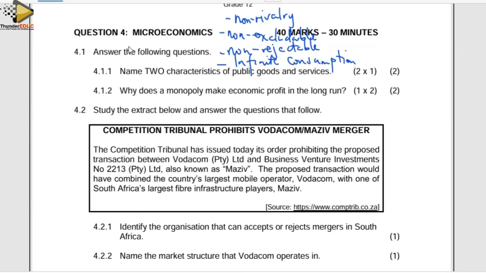Now let's look at question number 4.1.2. Why does a monopoly make economic profit in the long run? We understand that under perfect conditions, businesses can make economic profits in the short run. And then those profits are competed away through new entries into the same industry.